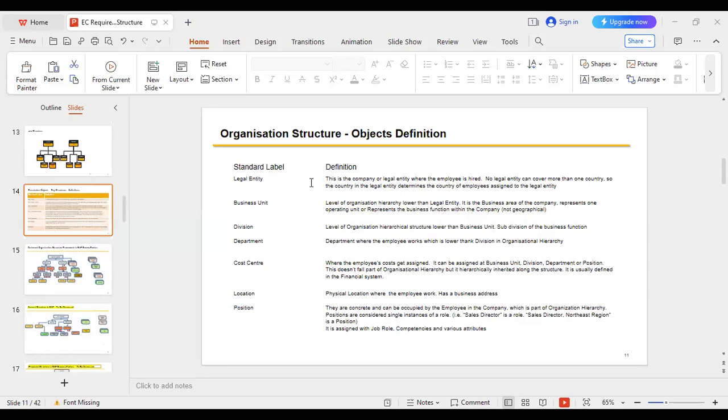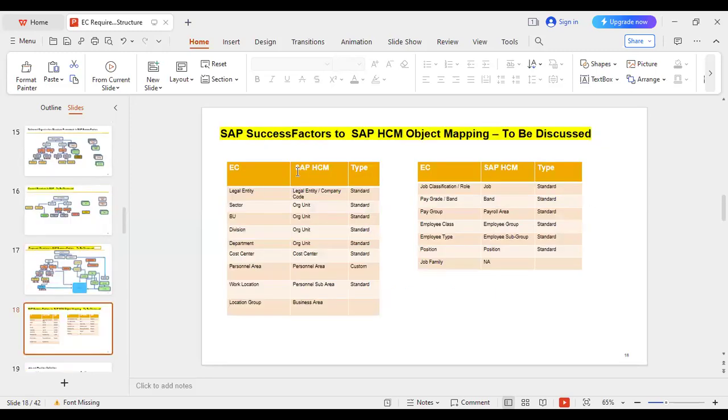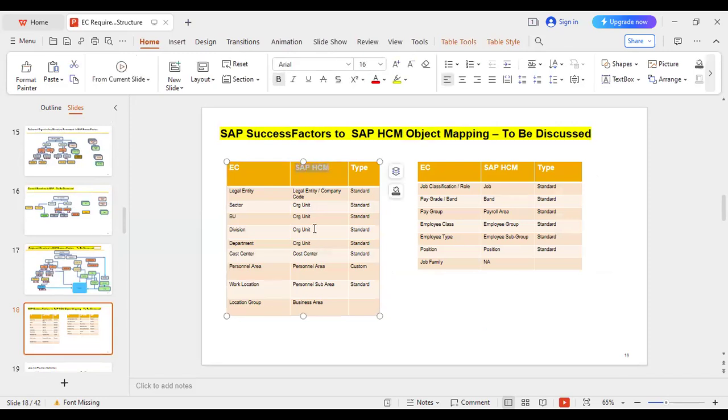So you can see here, this is the SAP HCM. The legal entity, company code, is the same in SAP HCM and also in EC, in SuccessFactors. The sector we are having here is the org unit.